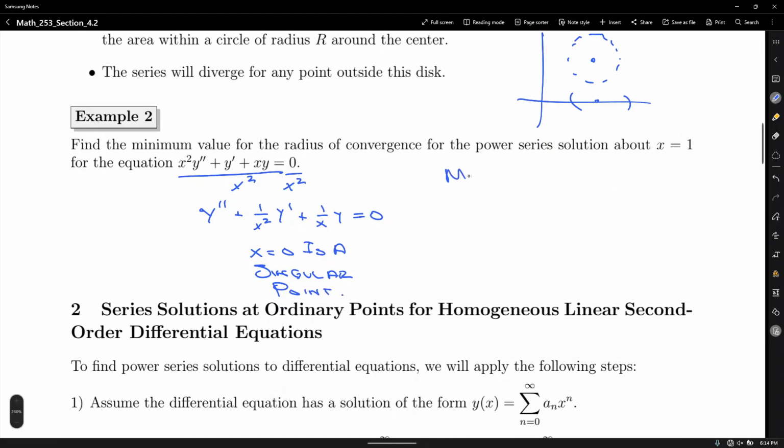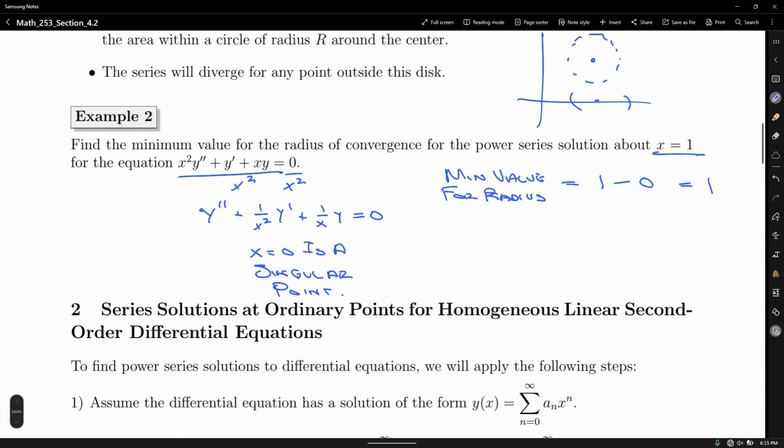Find that distance. The minimum value for the radius of convergence is x equals 1 minus the closest singular value, which is 0, that is 1. So that means our series has to converge within a radius of 1, right?